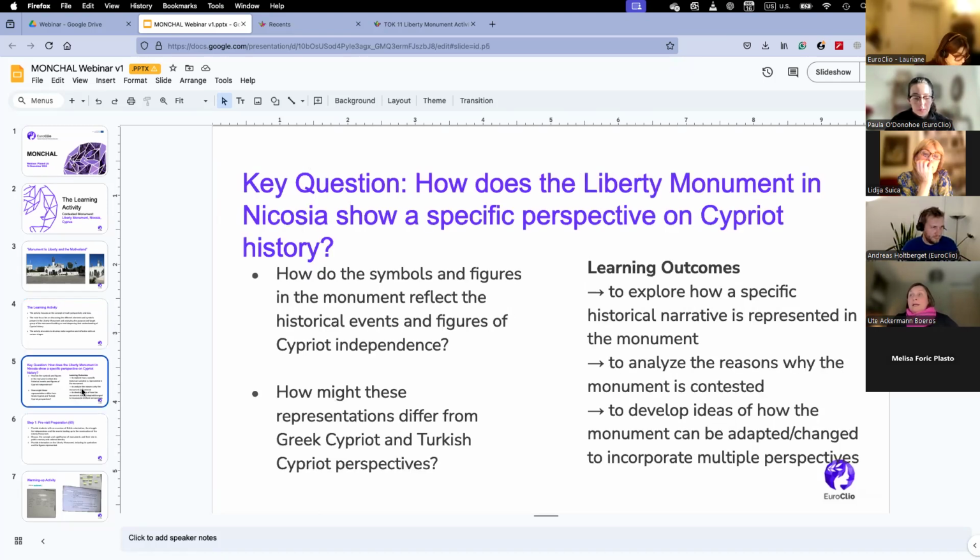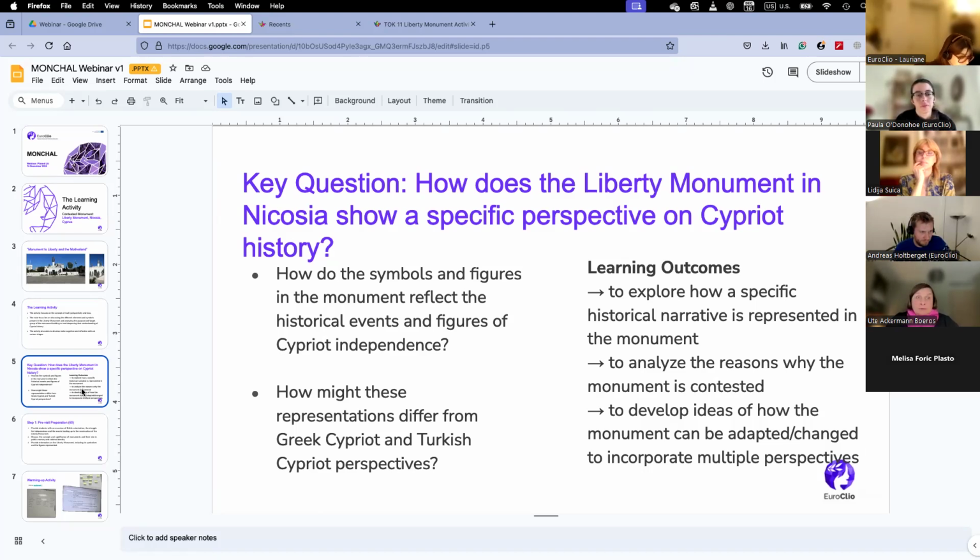So the key question of this activity was, how does the Liberty Monument in Nicosia show a specific perspective on Cypriot history? And the questions we wanted to look at, the little bullet points below that, were also, how do the symbols and figures in the monument reflect historical events and figures of the Cyprus independence fight?